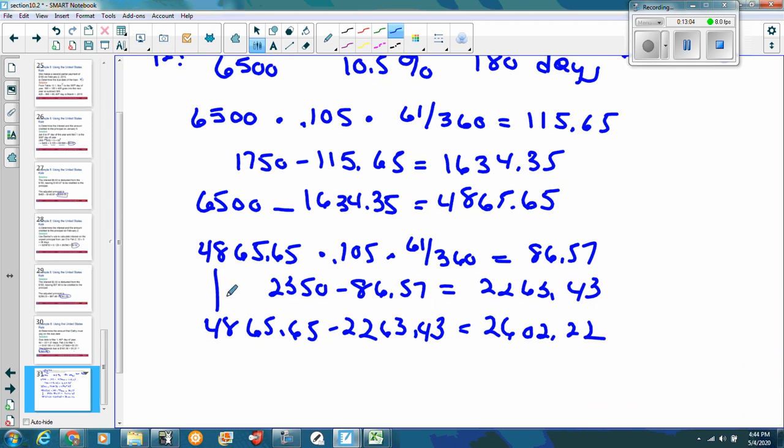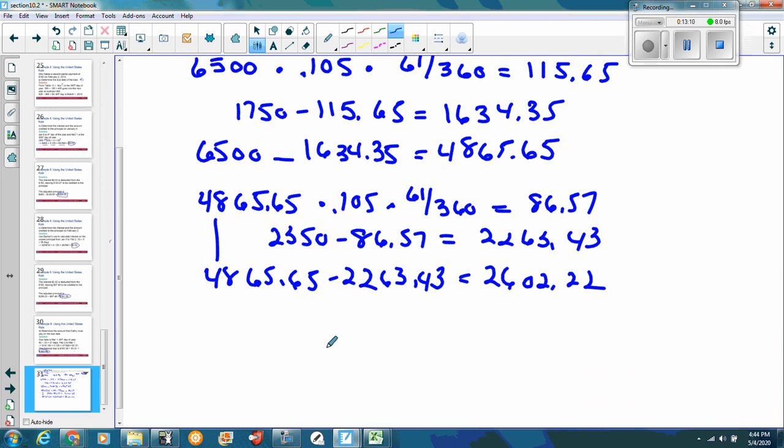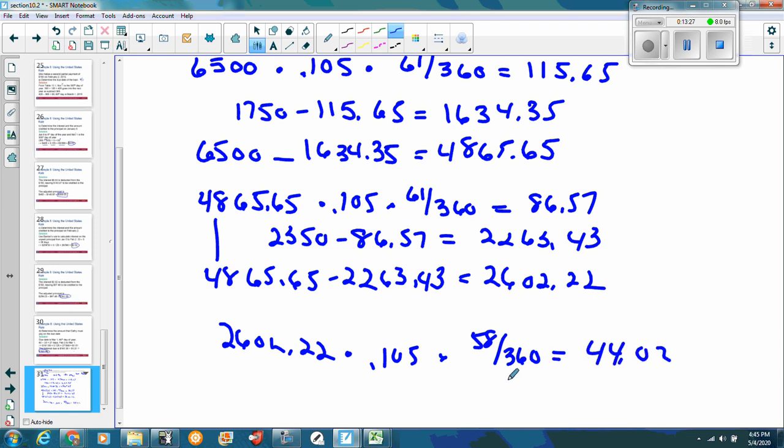Okay, so now how much are they going to owe when it's due? In other words, you have to figure out how many days it is from July 1st to August 28th, and that comes out to be 58 days. So my new principal is 2,602.22 times 0.105 times 58 days. So they're now going to owe $44.02 interest.